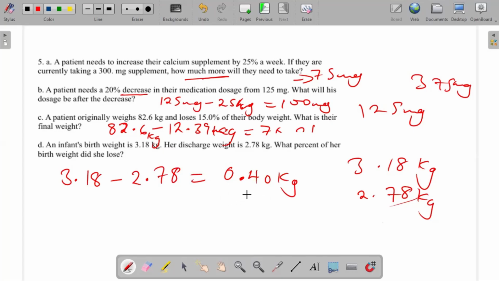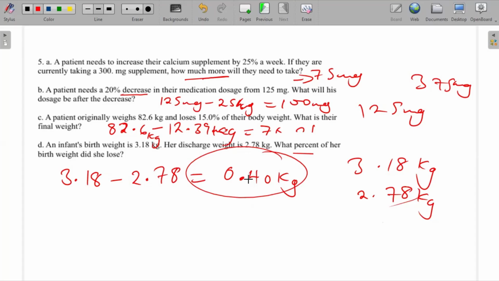Now the next thing is that you want this weight difference in percentage, because they're asking what percent. So it's more like you have a decimal number and you're converting it to percentage. What we know is that the weight this infant had at birth is this one, and you are losing this weight.